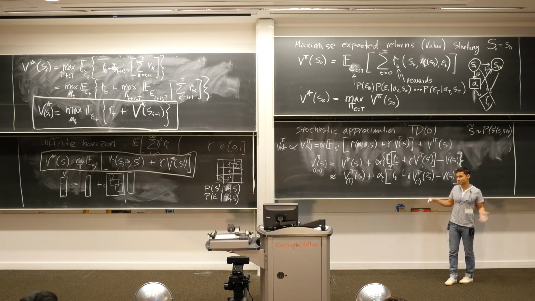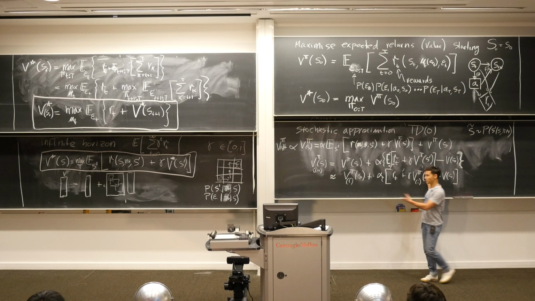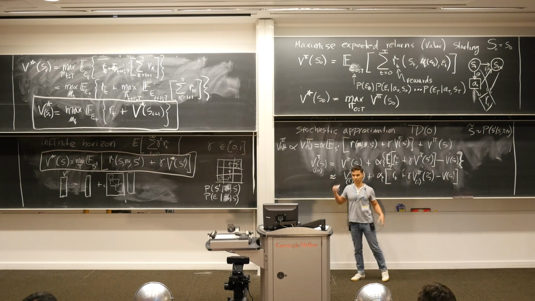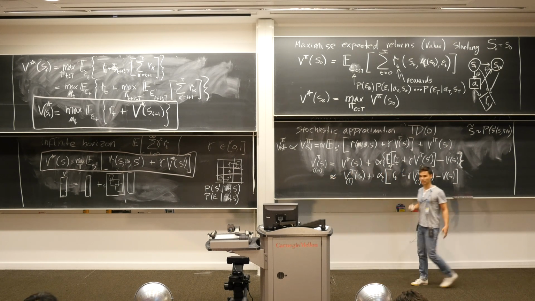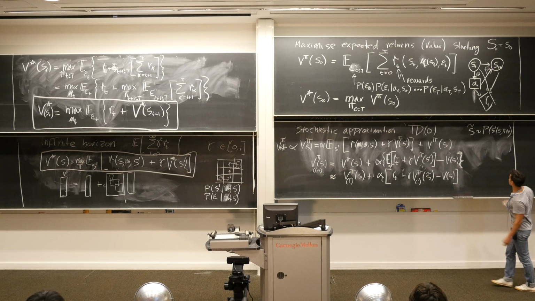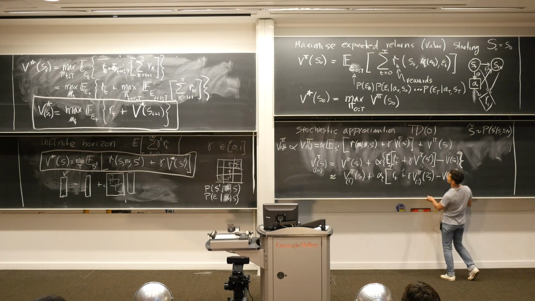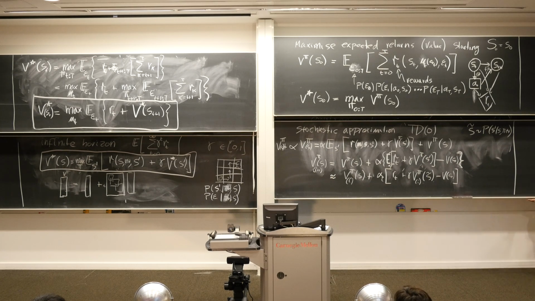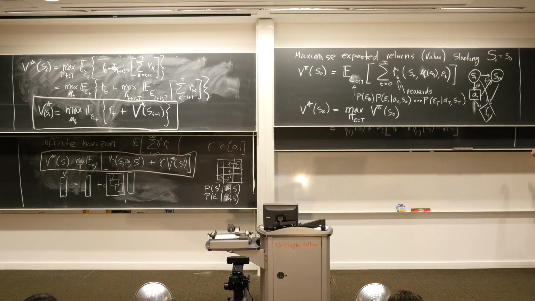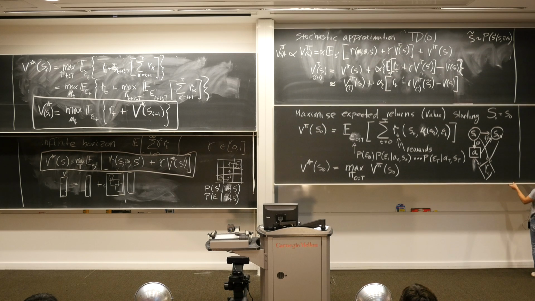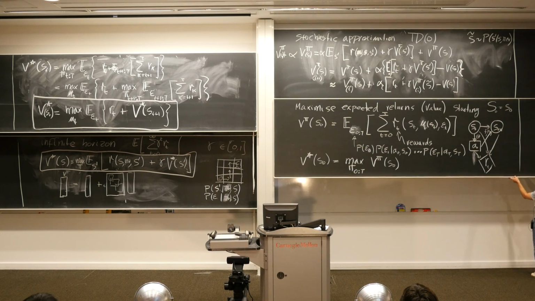I haven't told you what it is. So if this is a neural network, this will be the parameters of the neural network in the previous iteration, and that will give me the new neural network with the new parameters. To make this a bit more clear, it might be useful to look at this in terms of something we've seen before, something that Zico introduced us to.